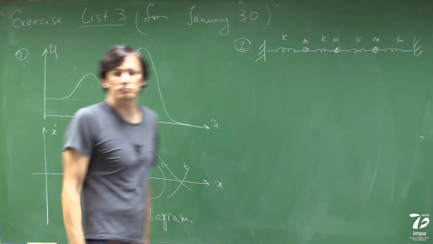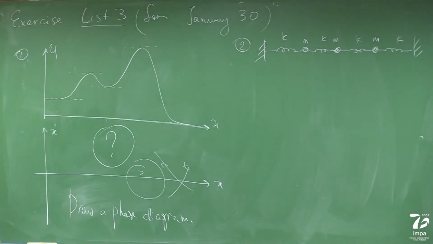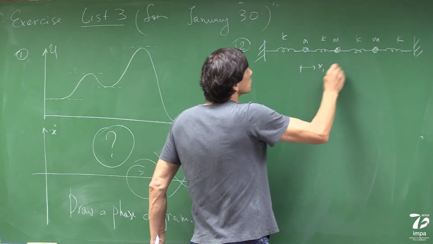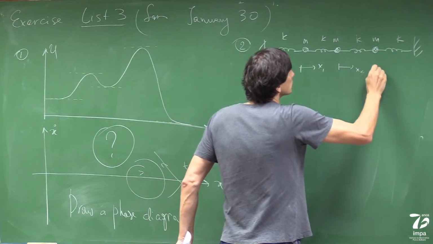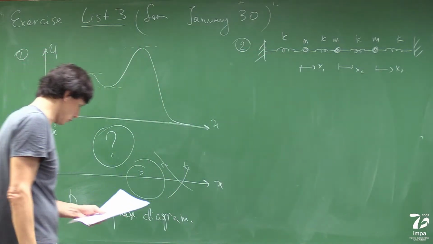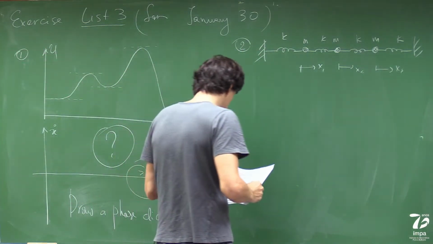It's the same problem, but with one more mass. Of course, you have to put coordinates x1, x2, x3. So we have now three coordinates. What you have to do is just everything.